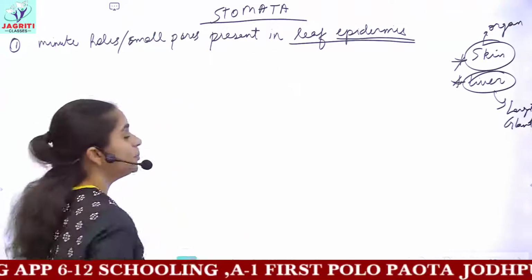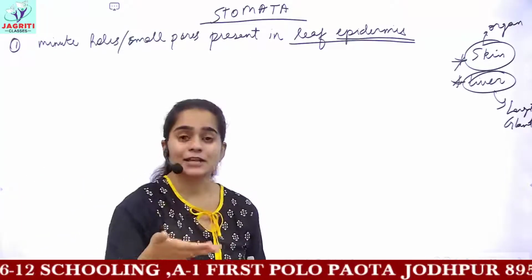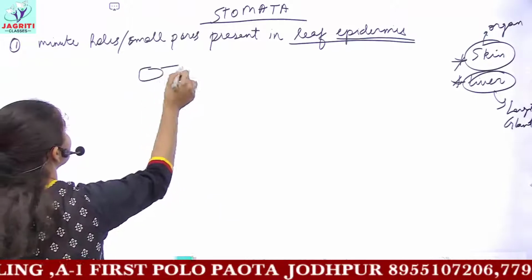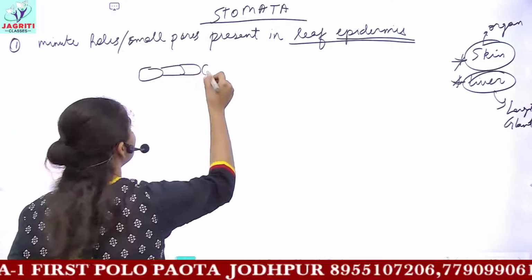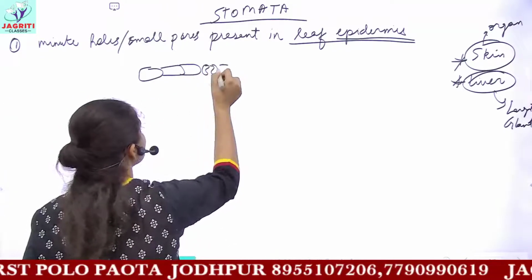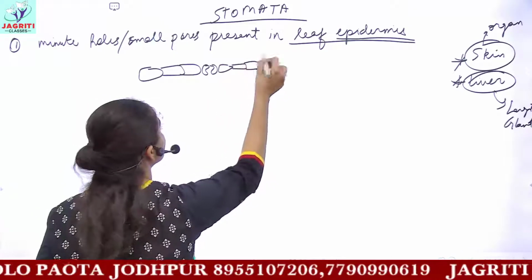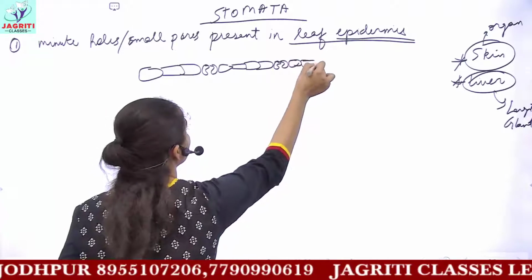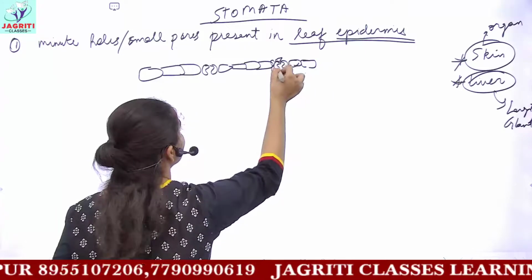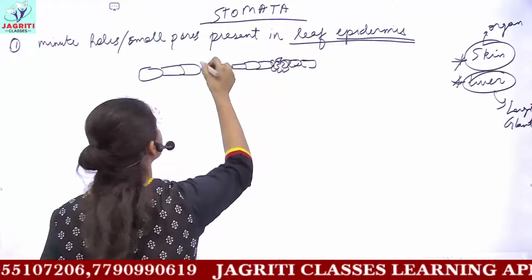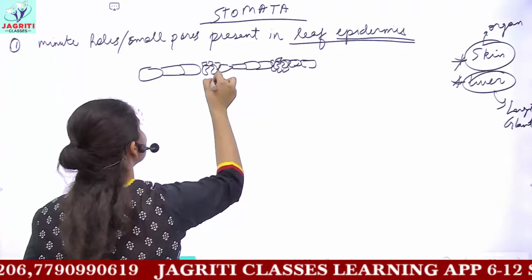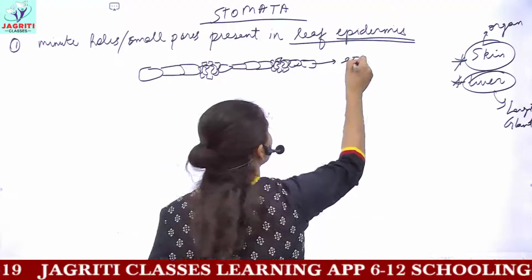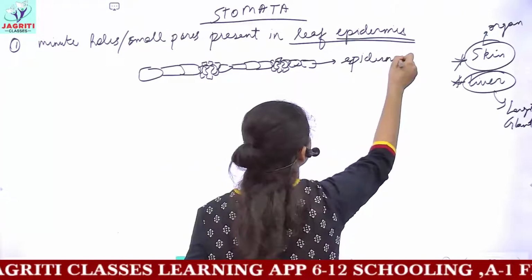And if you observe this epidermis in a microscope, then what you observe is, in between the epidermal cells, you have some kidney-shaped cells. So these kidney-shaped cells are present among your epidermal cells.